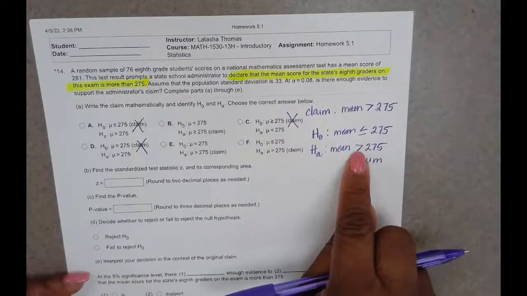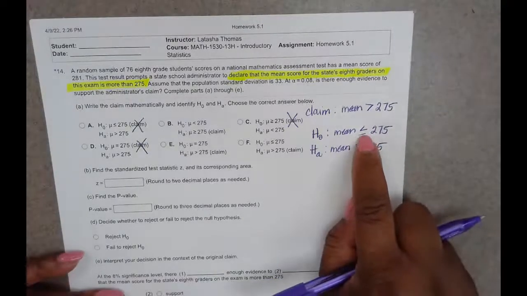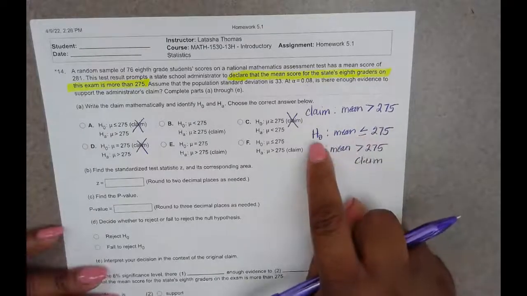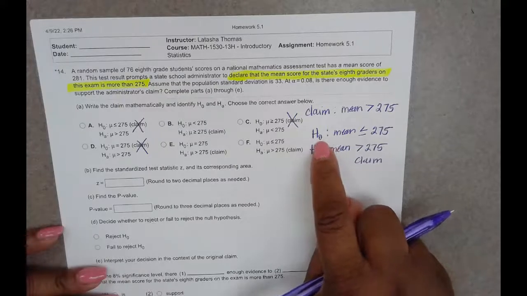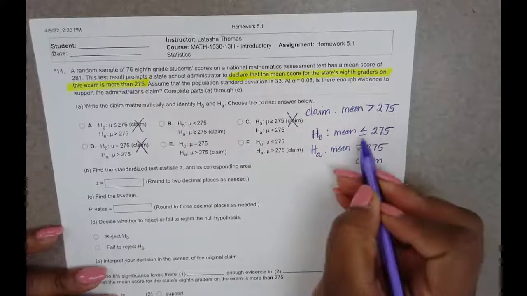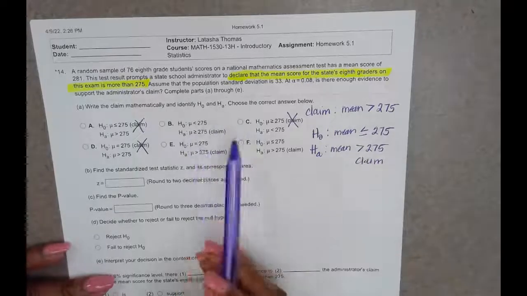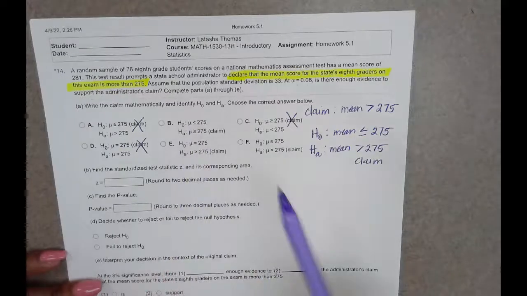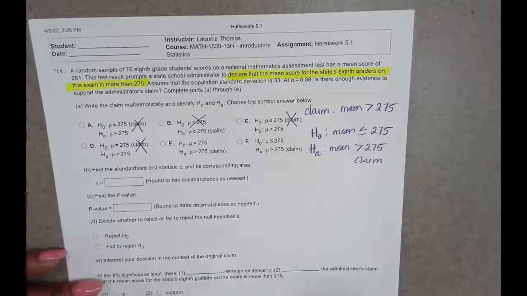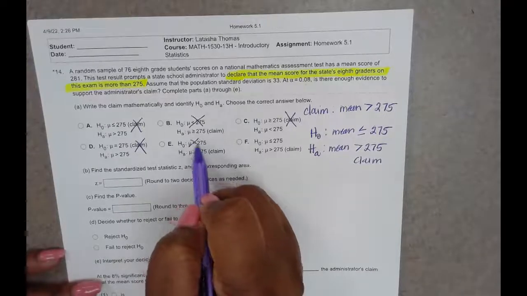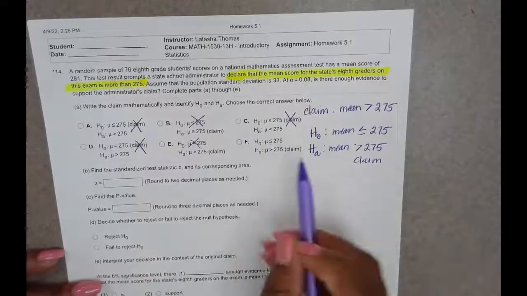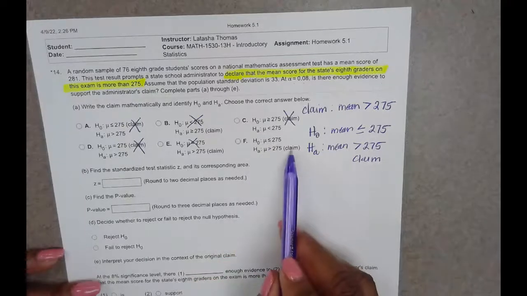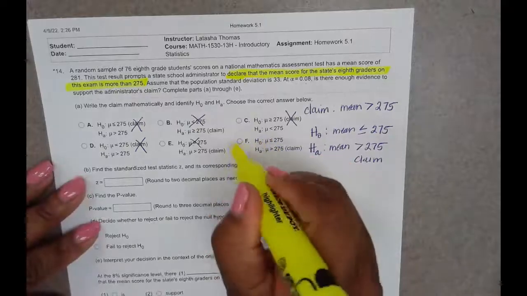Now let's look for our symbols. We need less than or equal to and greater than, respectively, to represent H null and the alternative. Of the remaining, I see this one's out because it doesn't have the statement of equality. This one has the wrong symbol, so it has to be this one. Let's look. Less than or equal to, greater than, and the claim is in the right place. So here's our answer.